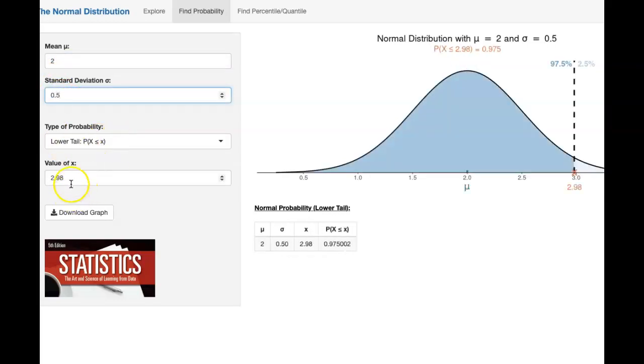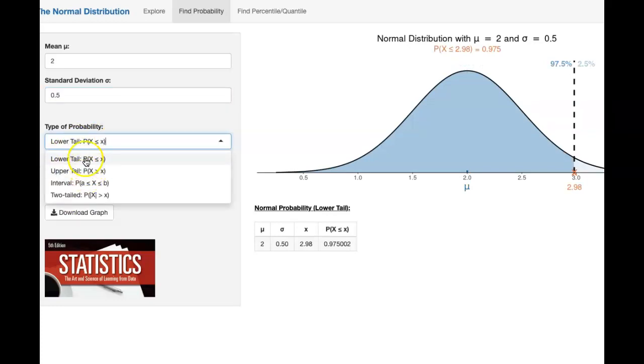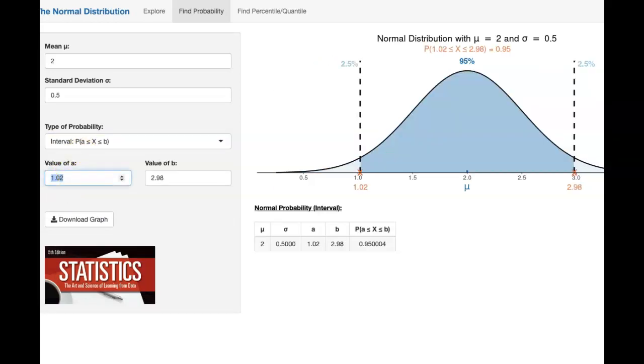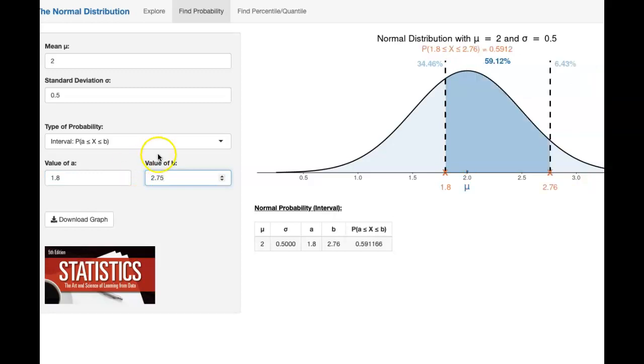I wanted the probability that the value was between, so instead of lower tail or upper tail, we're going to do an interval, between 1.8 and 2.75. And it's that easy. We don't need these complex z tables. Then we get the probability here, so that's where that number came from.